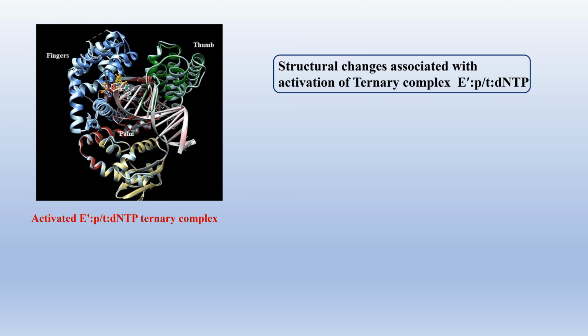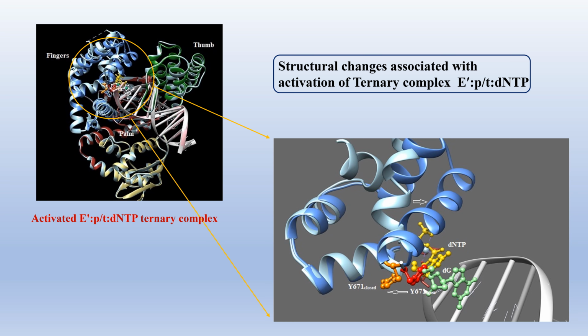The necessary conformational change does occur, and the EPT-dNTP open complex is immediately converted to the activated E'-PT-dNTP closed complex. There is considerable rotation, and the O helix moves closer to the active site constituted by the 3 carboxylate residues.